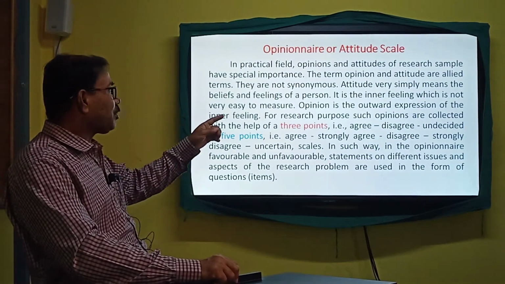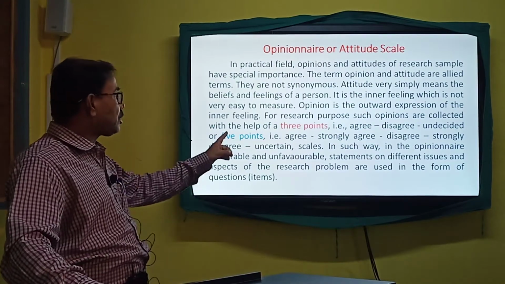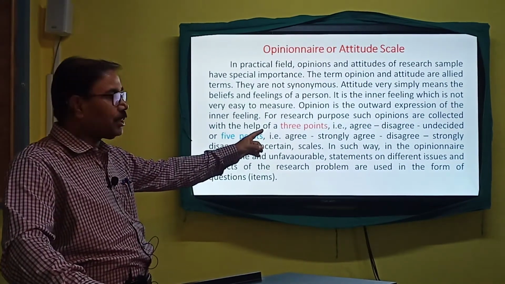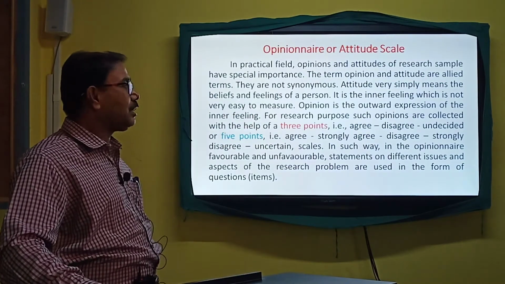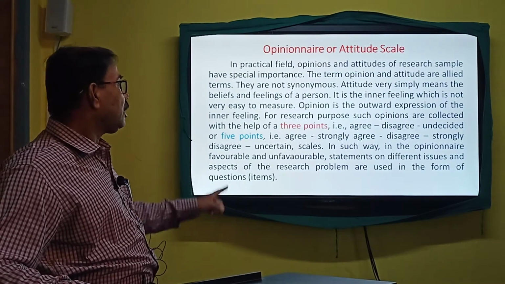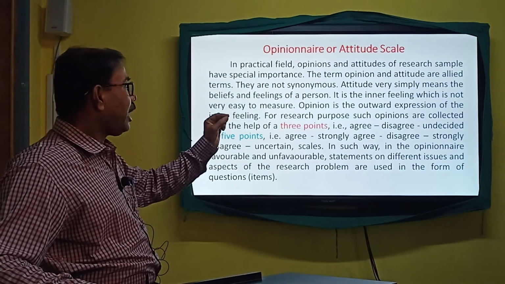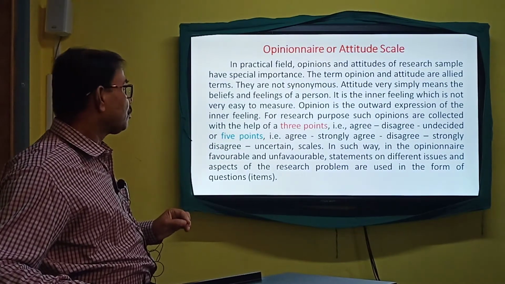For research purpose, such opinions are collected with the help of a 3 point scale, particularly for the quantification of the opinions collected in the form of research data. These 3 points are agree, disagree, undecided.